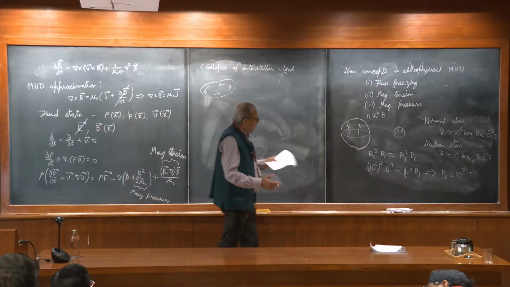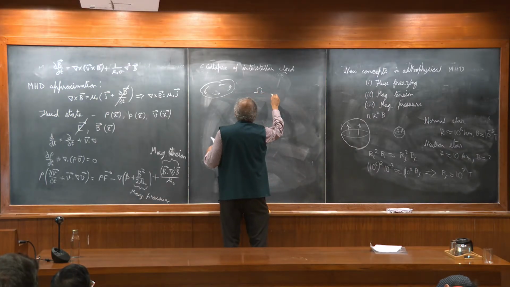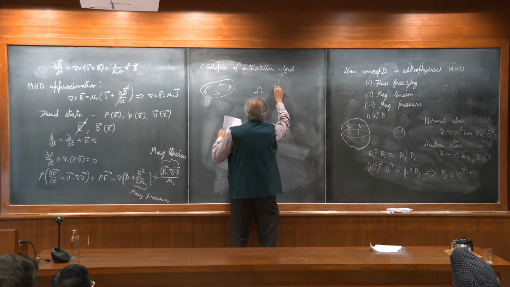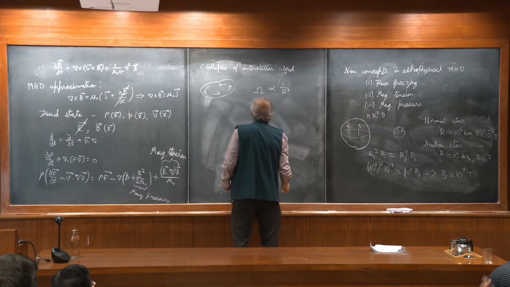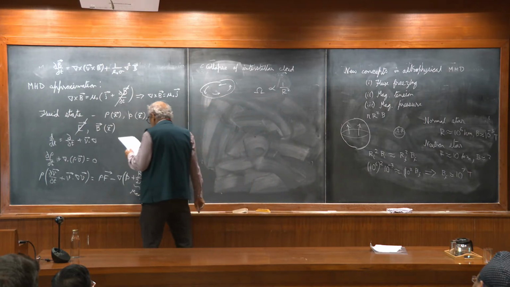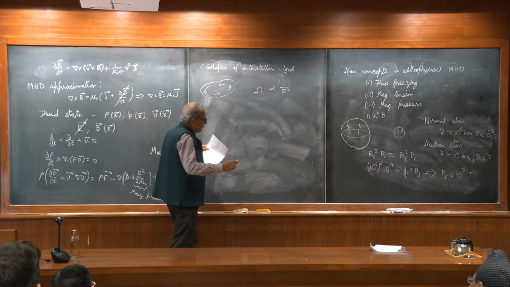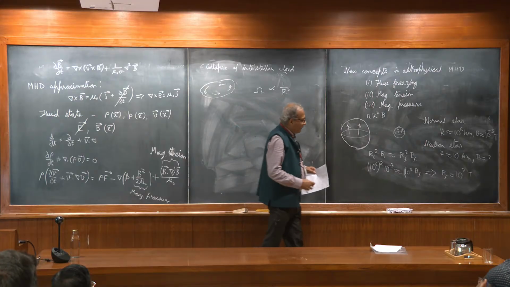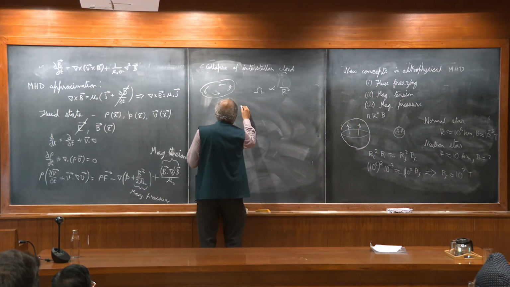So if the angular momentum is conserved, then as it shrinks, its angular velocity will go as 1 over r square, because angular momentum is given by omega r square, and we are expecting that to be constant. And then as the rotation speed increases further and further, we expect the centrifugal force also to go up.